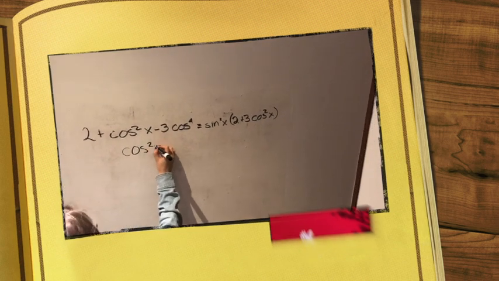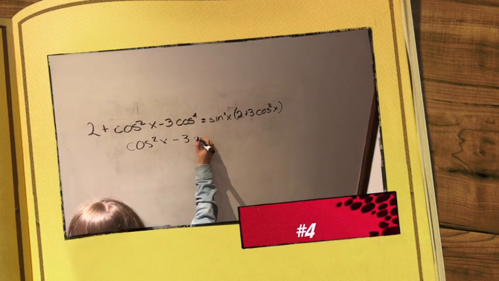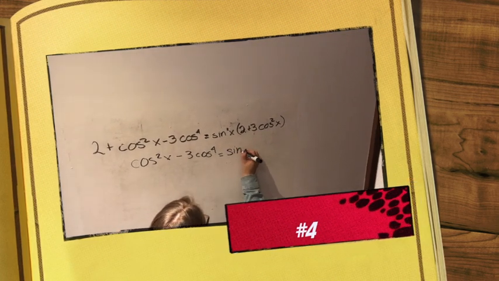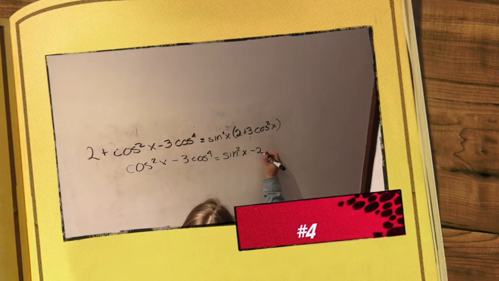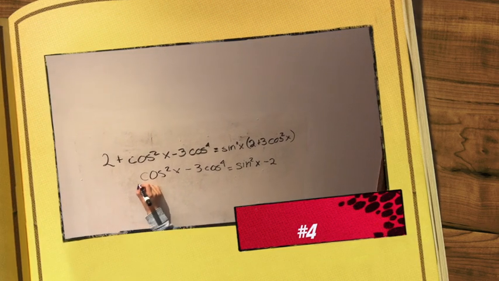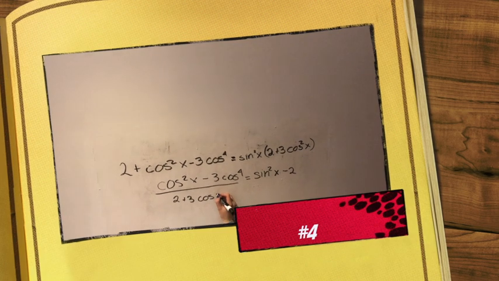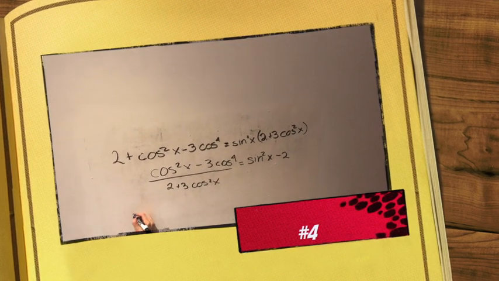Okay, so first we're going to start placing the cosines on one side and the sines on the other side. Then we're going to factor out the cosine and the sine in the 2 equations.